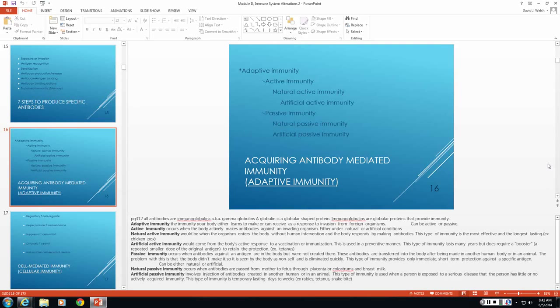So this type of immunity is temporary, lasting only days or weeks. Examples of this, like we said, are rabies, tetanus, and a snake bite.